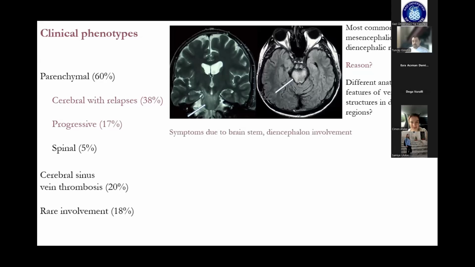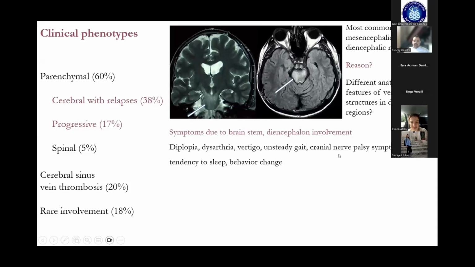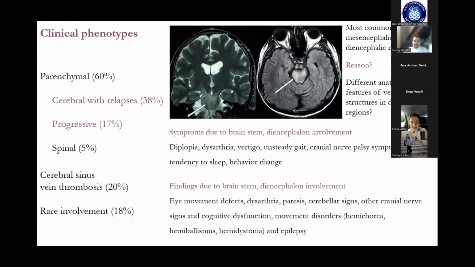We see brainstem and diencephalic involvement symptoms and findings in these patients, which may be diplopia, dysarthria, vertigo, cranial nerve palsy, tendency to sleep, and behavior change. We may also detect eye movement defects, cerebellar signs, cranial nerve dysfunction, cognitive dysfunction, and movement disorders, which are rare but may be encountered: hemichorea, hemiballismus, hemidystonia, and rarely epileptic seizures.